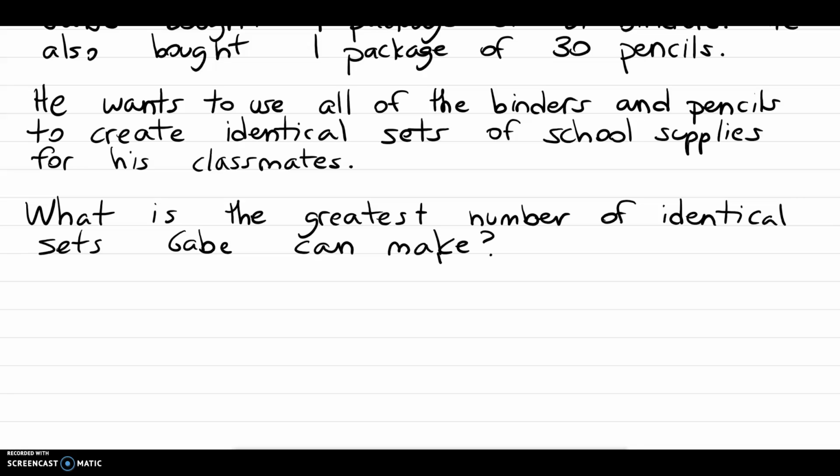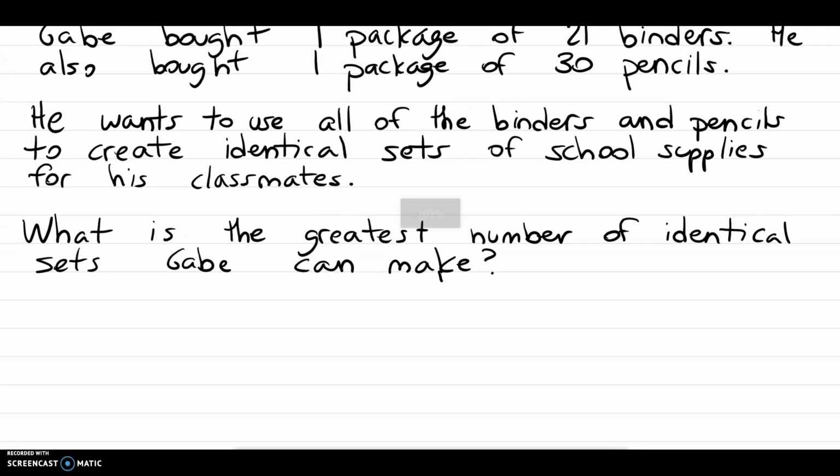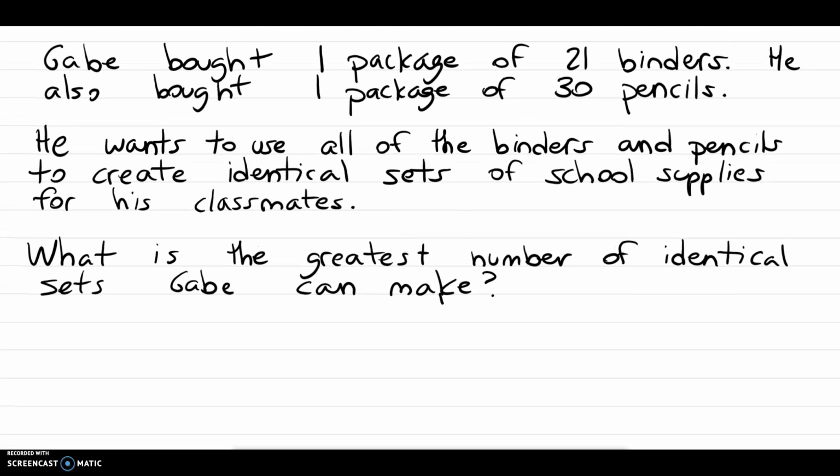So he's got 21 binders and 30 pencils. He wants to split them up and create identical sets. So what is the greatest number of identical sets that he can make? Keyword is greatest. So when you see greatest, you should automatically think GCF, or greatest common factor. So we're looking for the greatest common factor of 21 and 30.